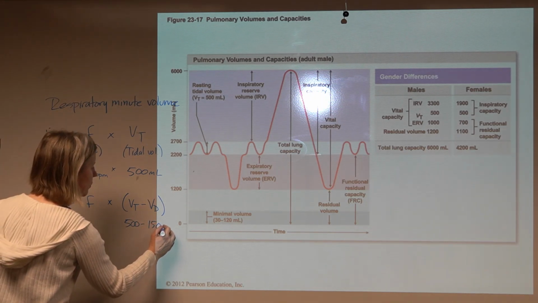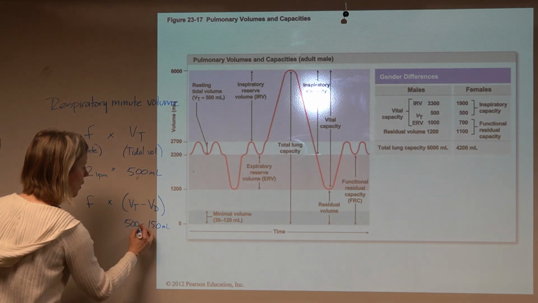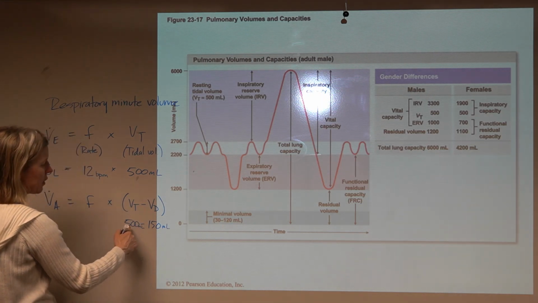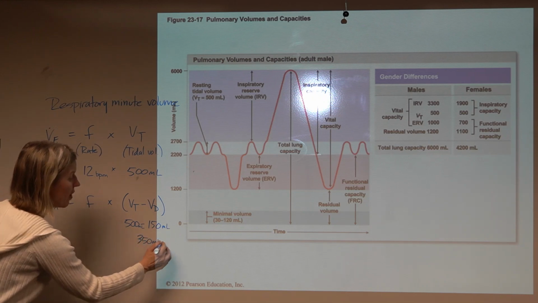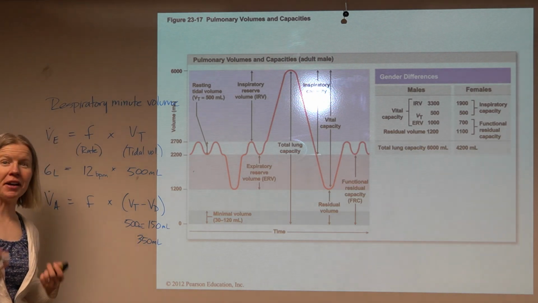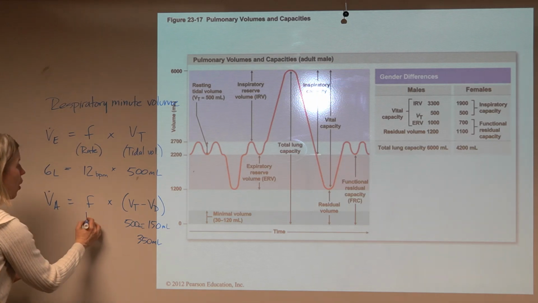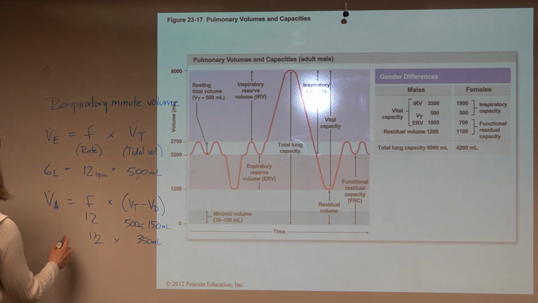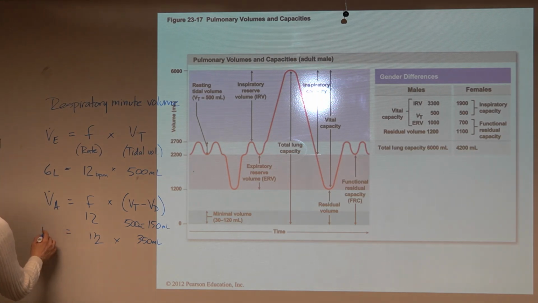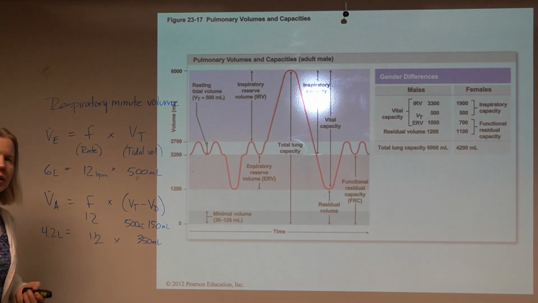And so that gets us 350 mils that actually participate in gas exchange. We'll keep our breathing rate the same, so 12 times 350, I already worked it out, 4.2 liters. So it's less.